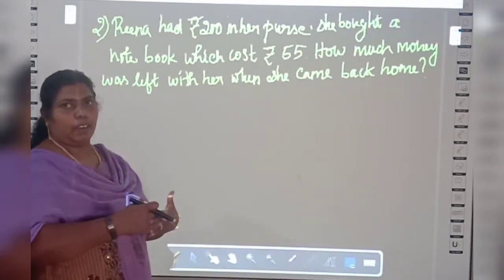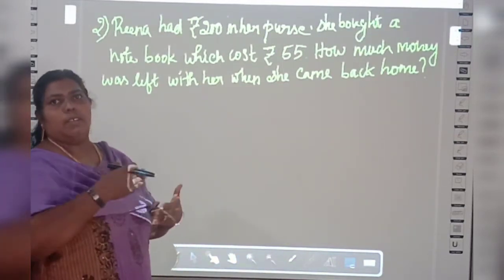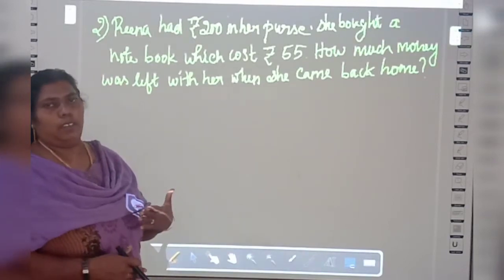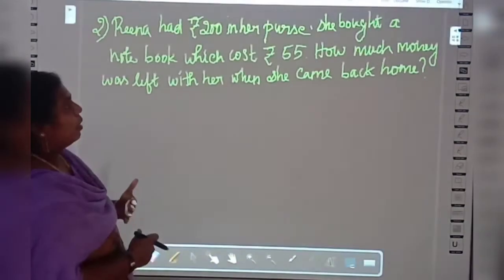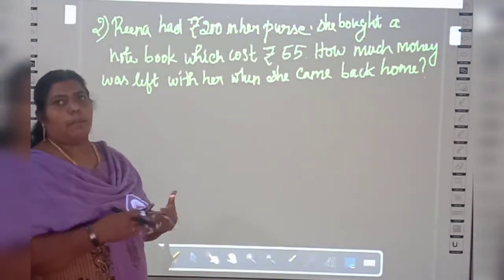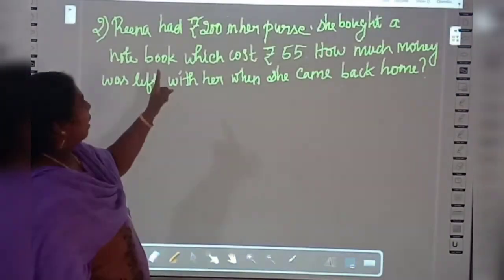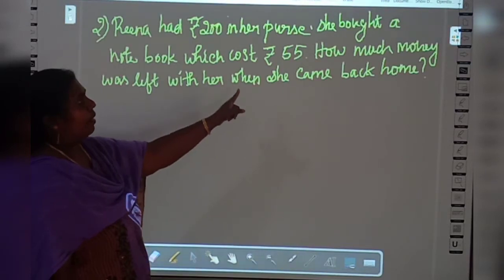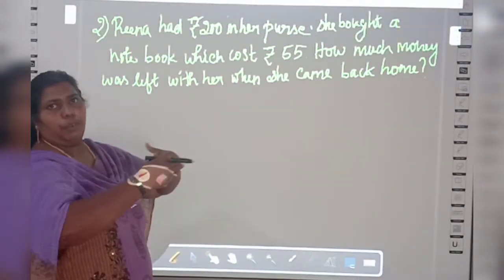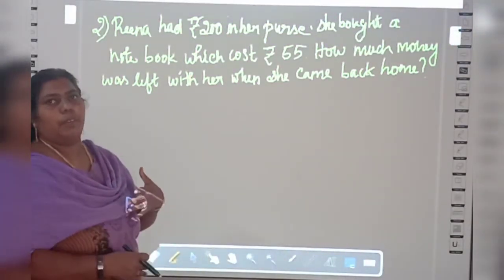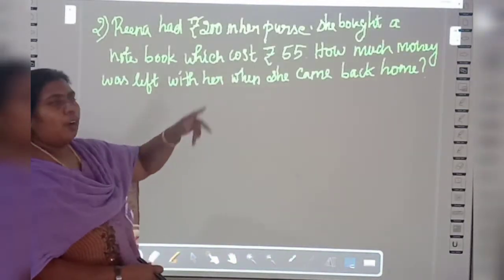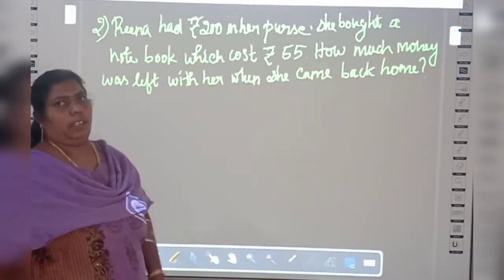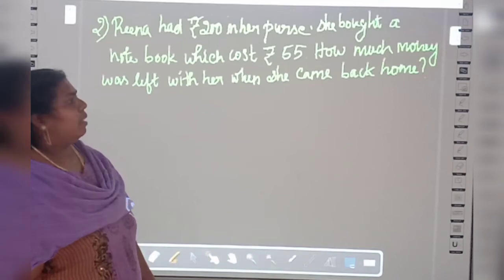You have to calculate that. That means what we have to do? We have to subtract, isn't it? The notebook rate is 55. If you subtract 200 minus 55, then we will get the answer of how much money is left with her. Right? Do you understand? Yes.